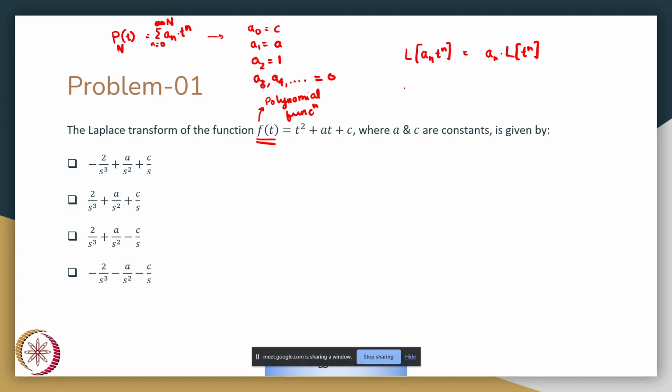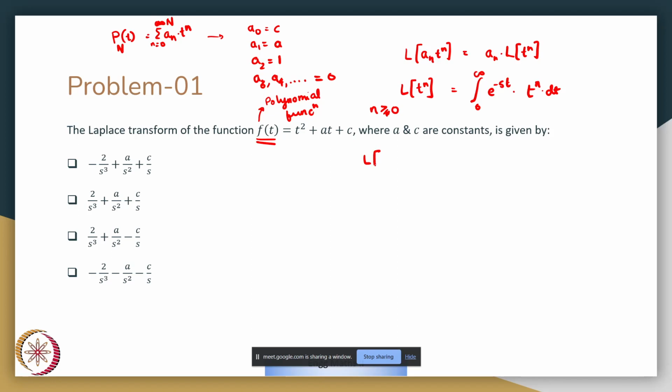So were I to only consider the Laplace transform of t raised to n with the condition that n is greater than 0, this is essentially integral of 0 to infinity e raised to minus st t raised to n dt.